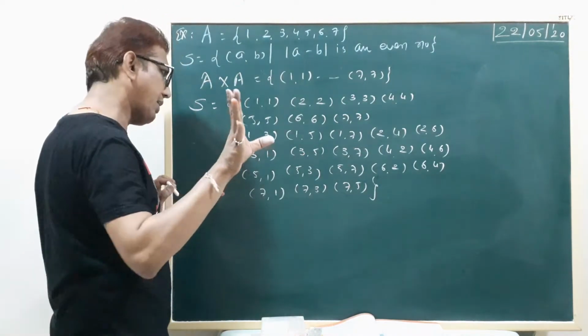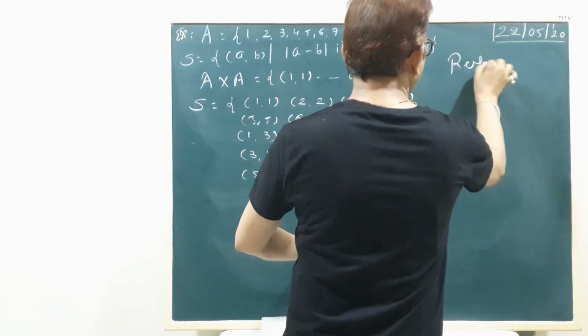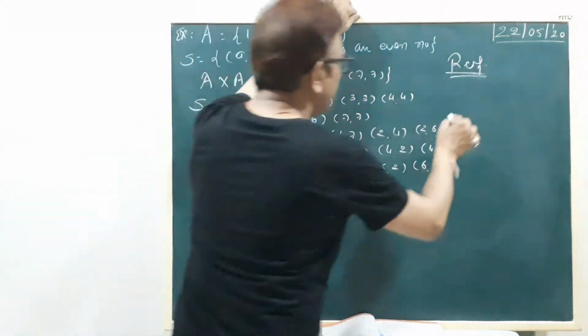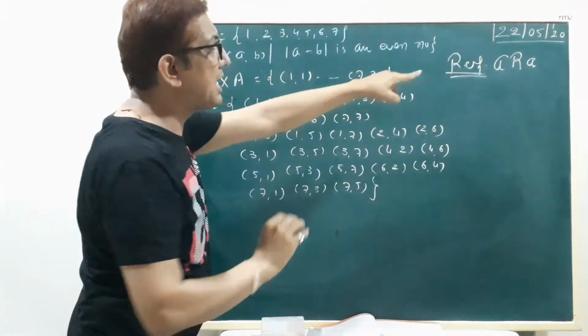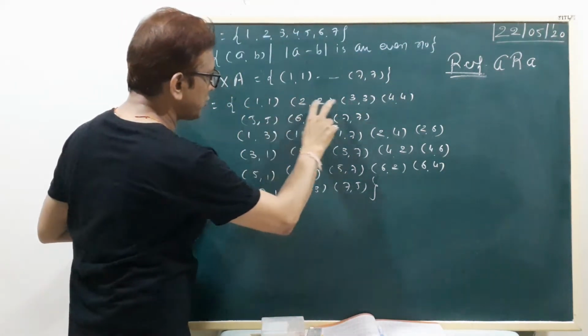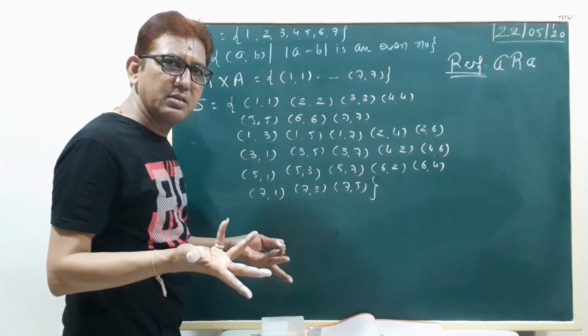Clear? Now we check the properties. First one, the reflexive property. Reflexive property means a relation a, the same elements. Look here: (1,1), (2,2), (3,3), (4,4), (5,5), (6,6), (7,7), the same elements.